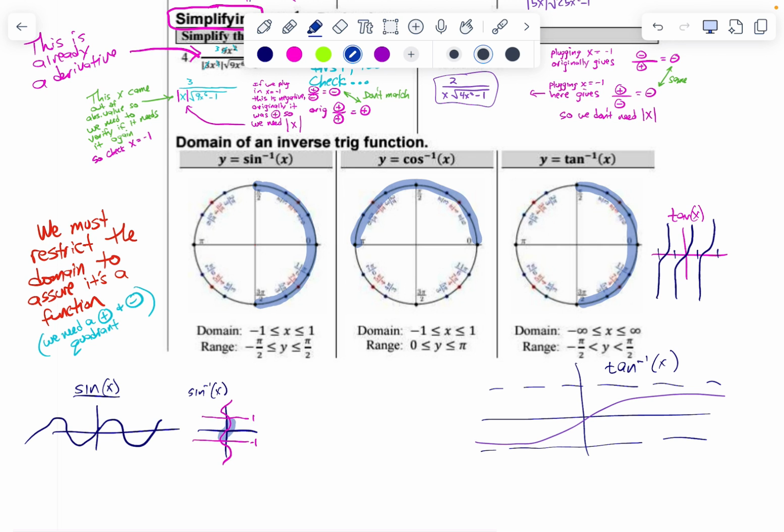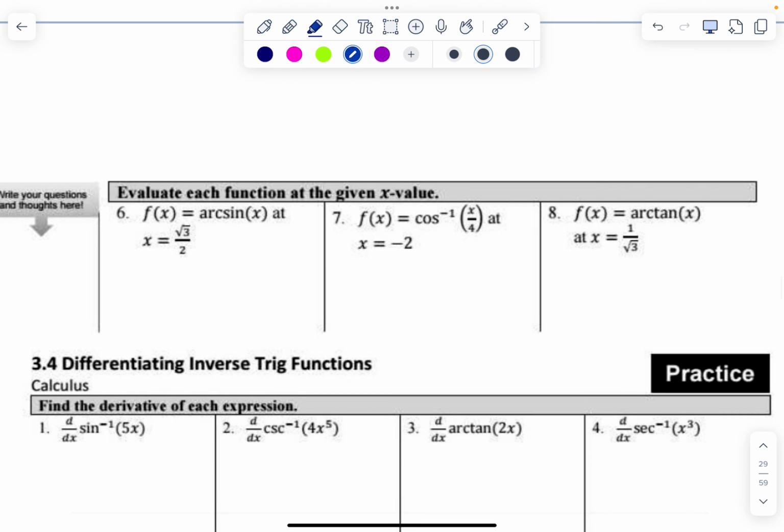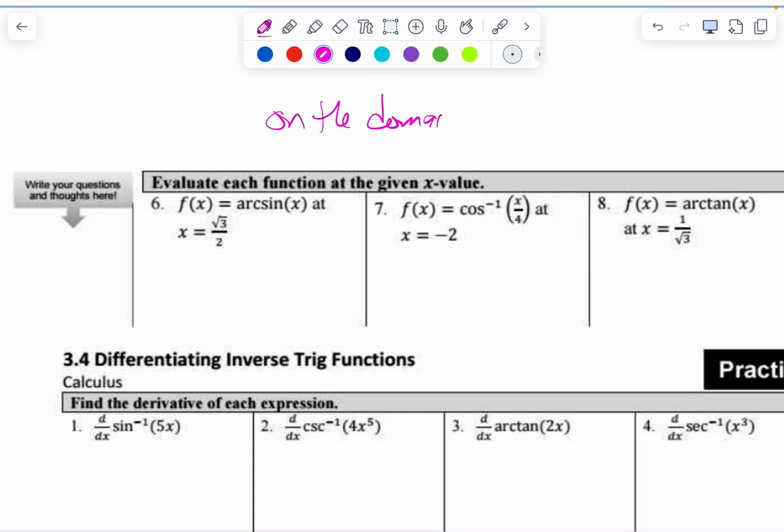All right, last thing, really fast. What is arc sine at x equals root 3 over 2? This has to be on the domain now. So remember we're saying arc sine of root 3 over 2.